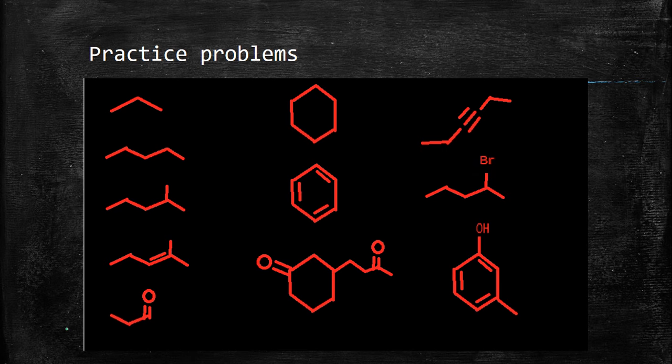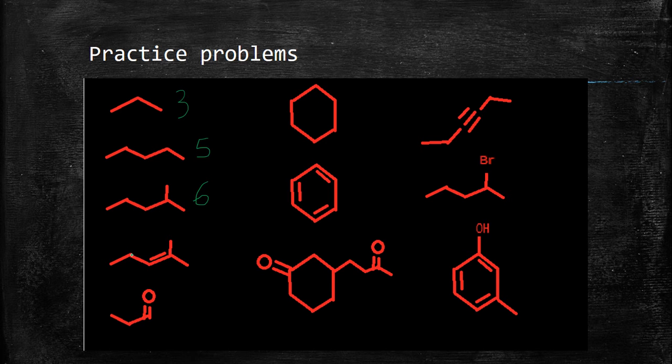So in this first structure, we have an end here, a corner here, and an end here. So that gives us a total of 3 carbons. Here we have 1, 2, 3, 4, 5. Here we have 1, 2, 3, 4, 5, and we have this methyl substituent which still counts, so 6.